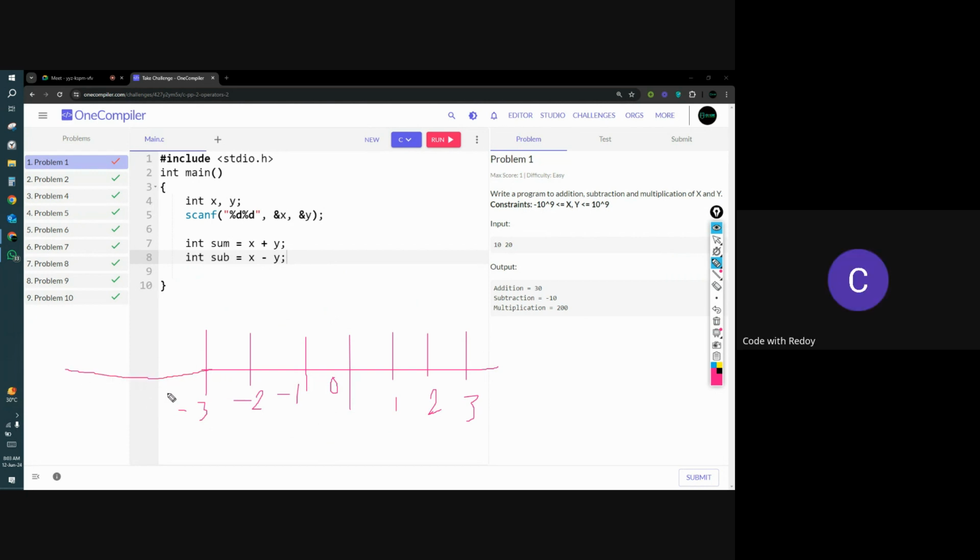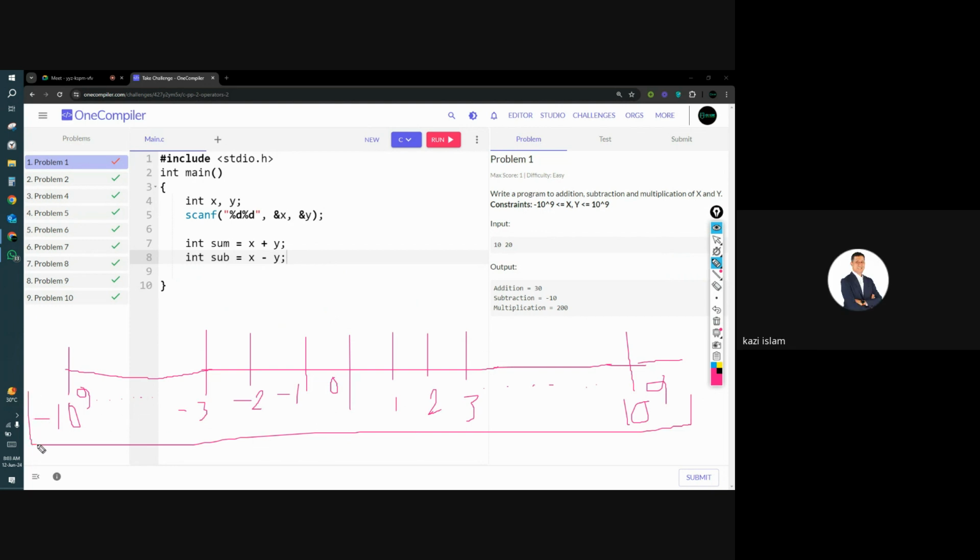Look, if I go back, I will get minus 10 to the power 9, and if I go forward, I can get the value 10 to the power 9. Now look, in this range, 0 is there or not? Yep, 0 is there.